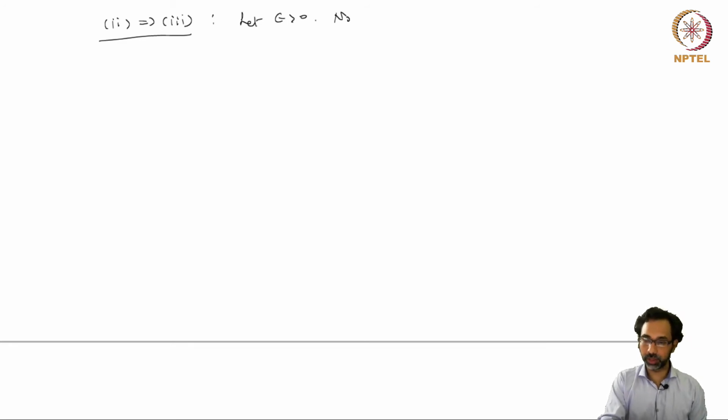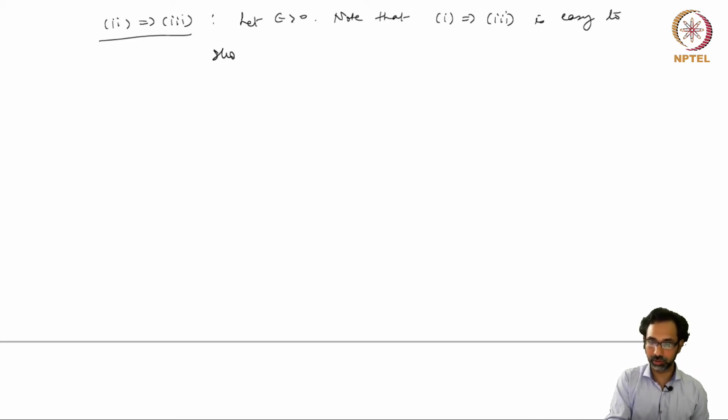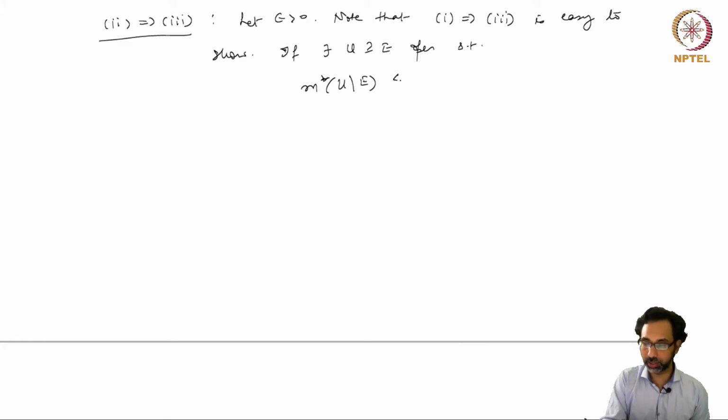Now note that 1 implies 3 is quite easy to show, because if we have an open set U containing E such that the outer measure of U minus E is less than or equal to epsilon, then this implies that E is Lebesgue measurable.